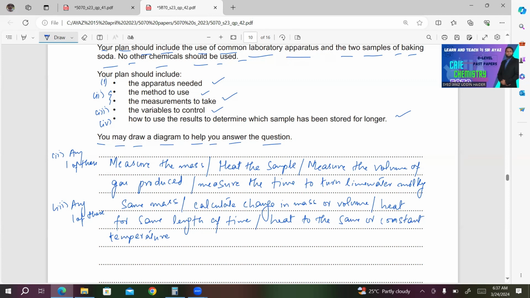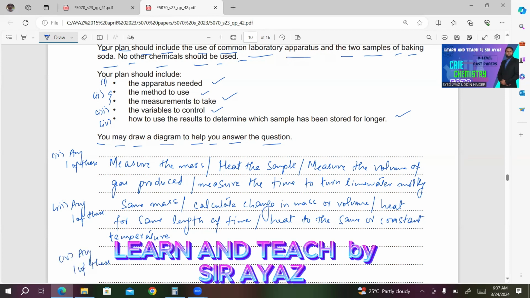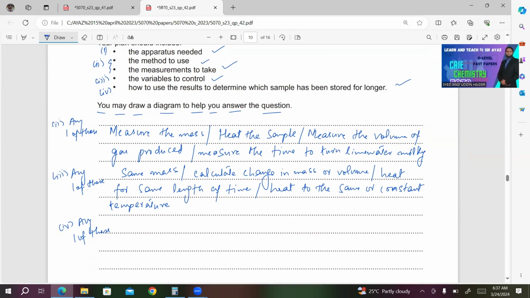Okay, how do you use these results? Number 4, any one of these. Using this result, the sample that produces more gas will take less time to turn lime water milky.